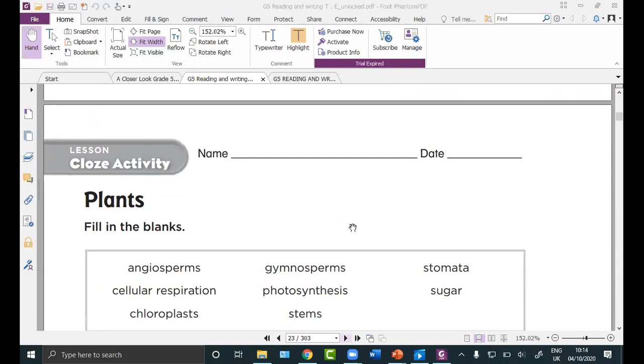Scientists call these groups angiosperm, flowering plants, and gymnosperm, plants without flowers or fruit. Seed plants have three basic parts: leaves, roots, and stem. Thank you. You did well.